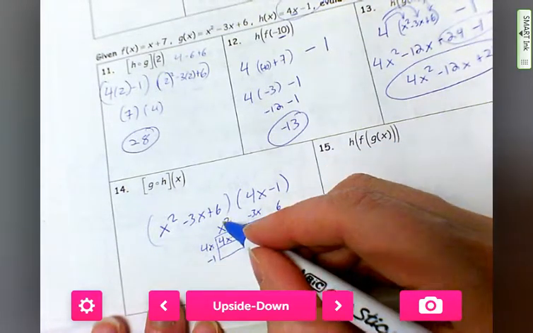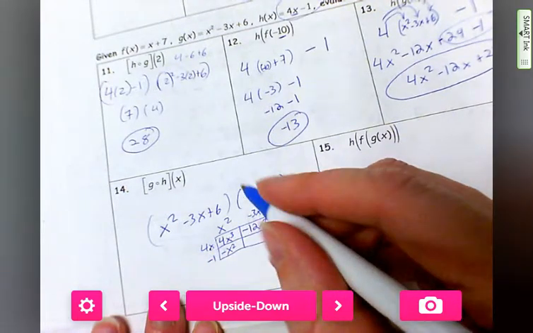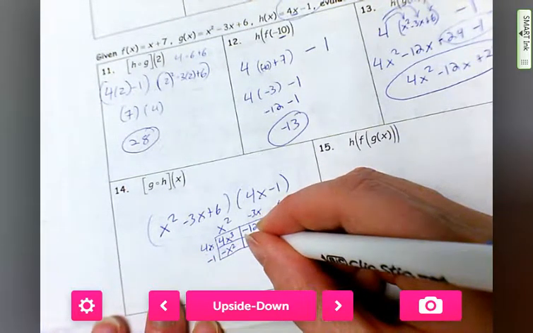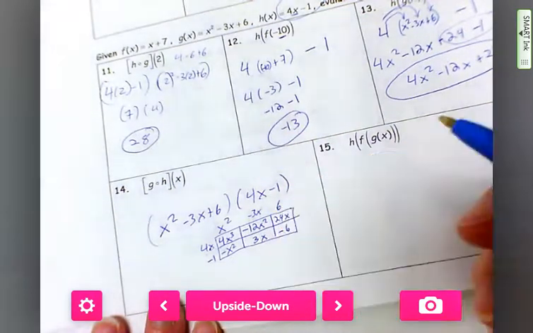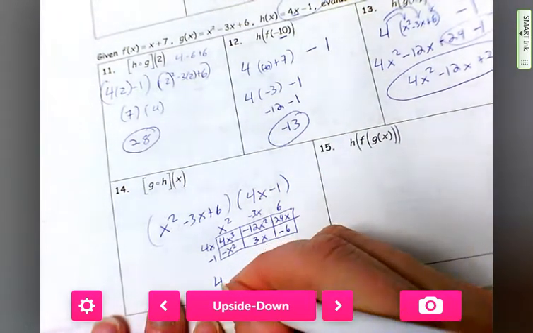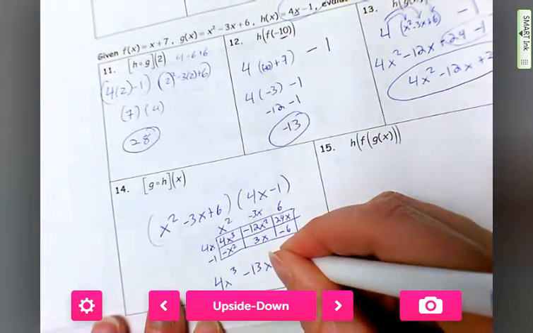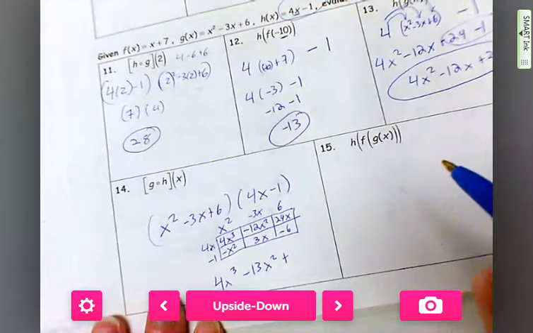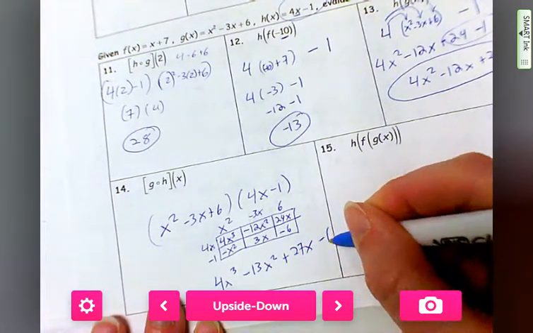Negative 1 times x squared is negative x squared. Negative 1 times negative 3x is a positive 3x. Negative 1 times 6 is negative 6. So I'm going to put them together. 4x to the third minus 13x squared plus 24, 25, 26, 27x minus 6.